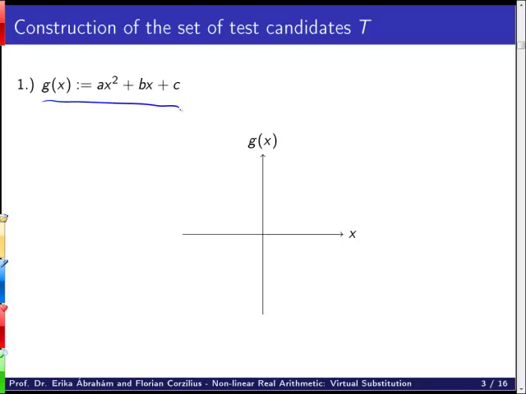But x does not appear in A, B, or C. So we fix this A, B, and C, but make some assumptions about them. So let's first assume that A is, let's say, 0, and B is also 0. This would be one case, which is possible. Well, what happens now to this polynomial? How do we call this kind of polynomial?